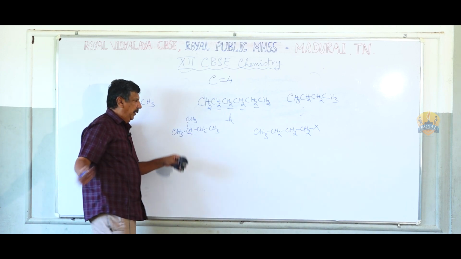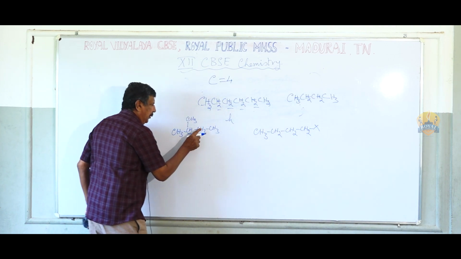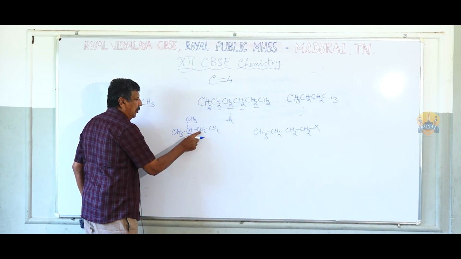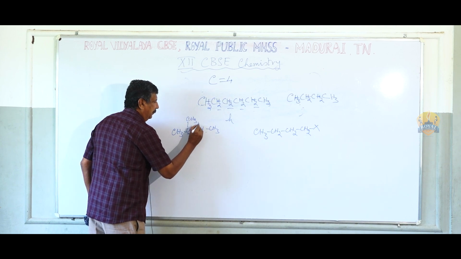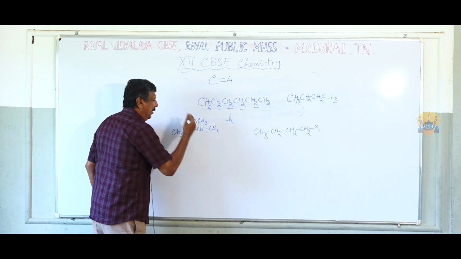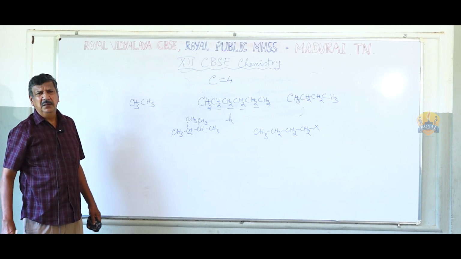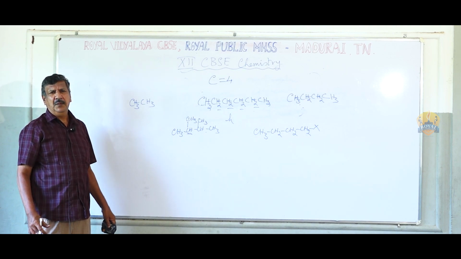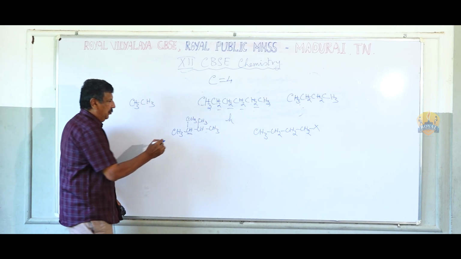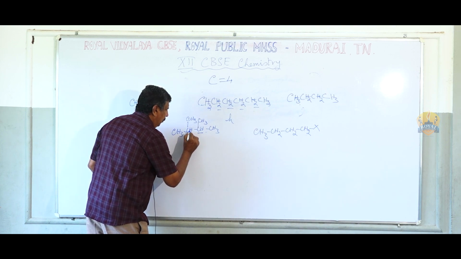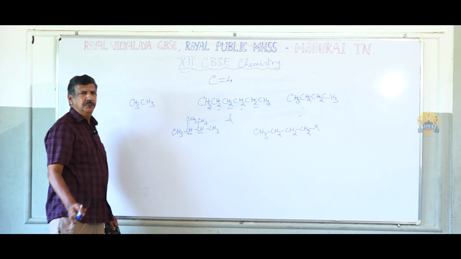And similarly, if you want to introduce one more group here also, you can introduce it like this. You can introduce as many groups as you want. That is irrelevant, but you check that we are having only one hydrogen.